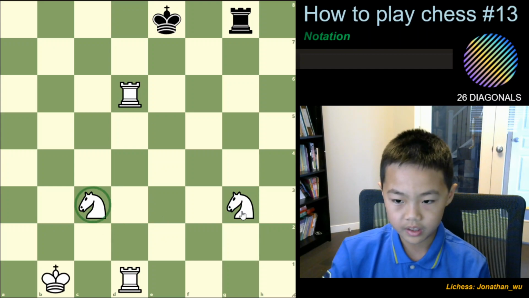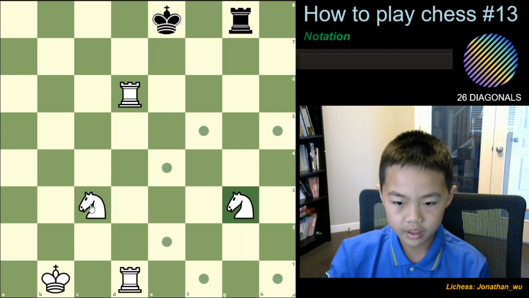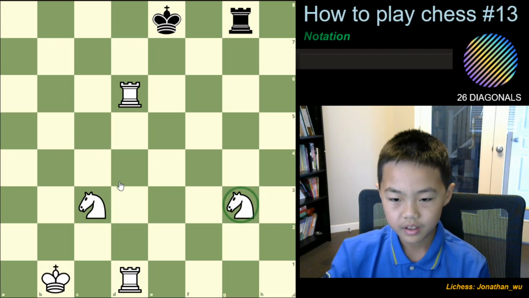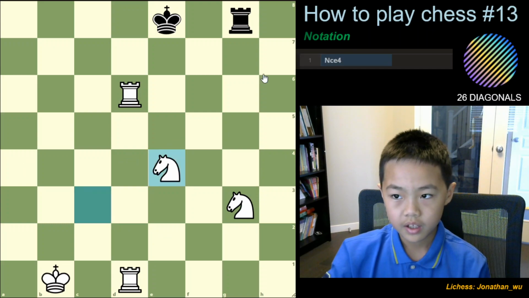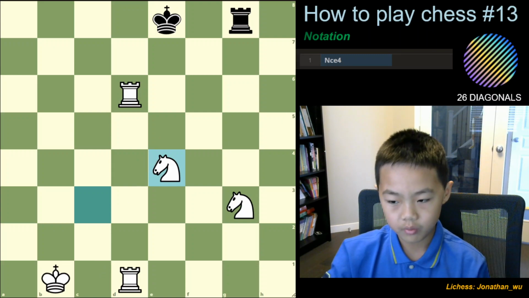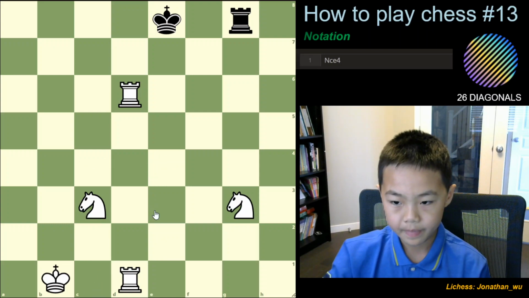First you can see the knights. Say, since your knight is attacked, you might want to protect it and you don't want to move this knight, so you can maybe move your knight right here. This, as you can see, is knight C e4, because they have to describe it somehow, so the knight is on the C file and it goes to E4.